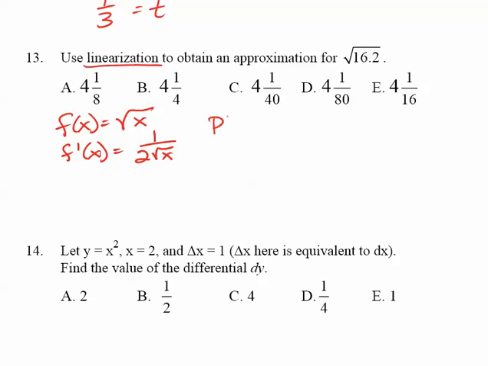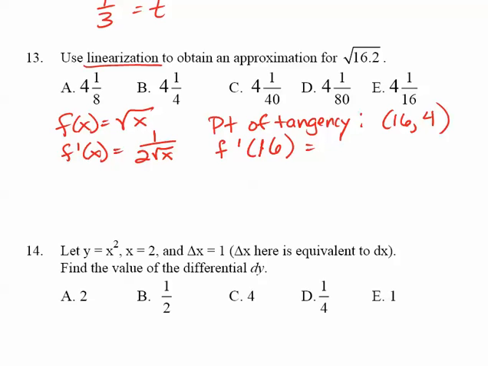Our point of tangency close by would be the square root of 16, which gives us a perfect point of tangency at 16, 4. So we want f prime at that point of tangency. So 1/2 square root of 16 would give us a slope of 1/8. So our tangent line: y minus 4 equals 1/8, x minus 16.